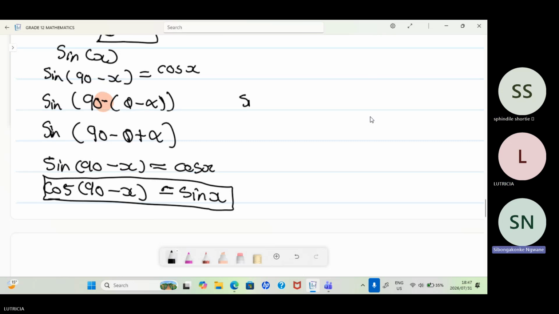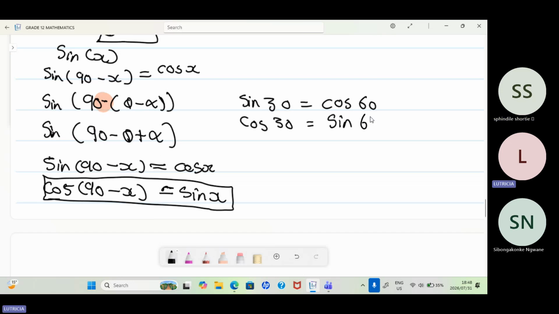So the reduction is basically, do 90 minus 30, just the difference, 90 minus 30.